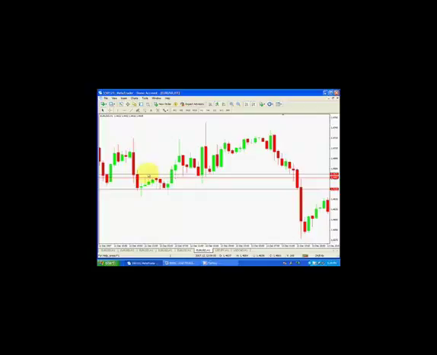So if price does break down into here, which it did, we still have additional support here. In other words, this bar signaled a continued up move by virtue of closing above the first level of what is actually buying support.